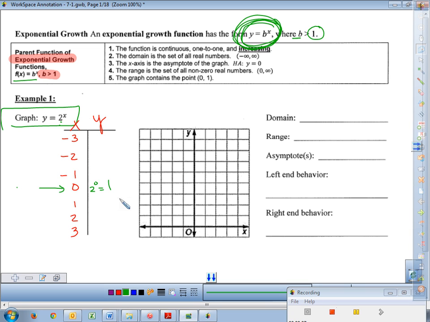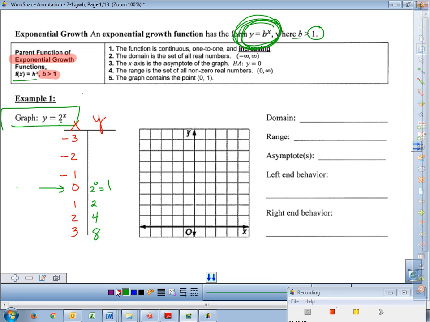I'm cool if you want to jot yourself little notes here, since I'm trying to make you do it without a calculator: that's 2 to the 0th, it's really a 1. You can work your way down. If you put a 1 in for x, what's 2 to the first? 2. 2 to the second? 4. 2 to the third? 8. All cool with those, right?